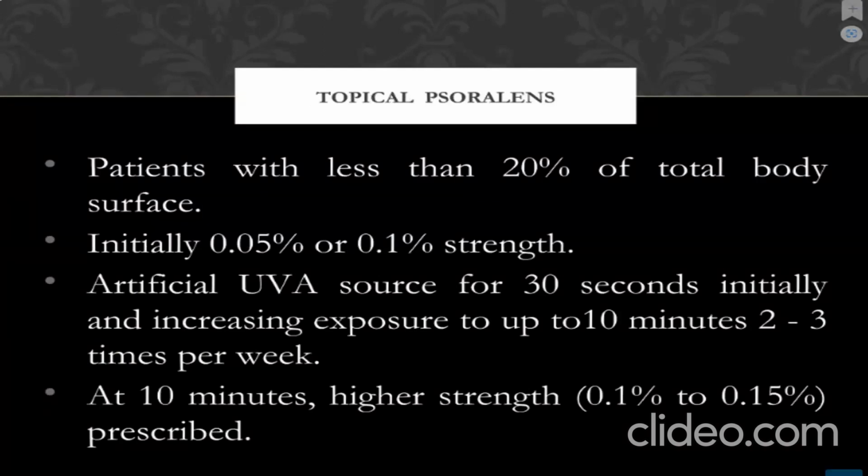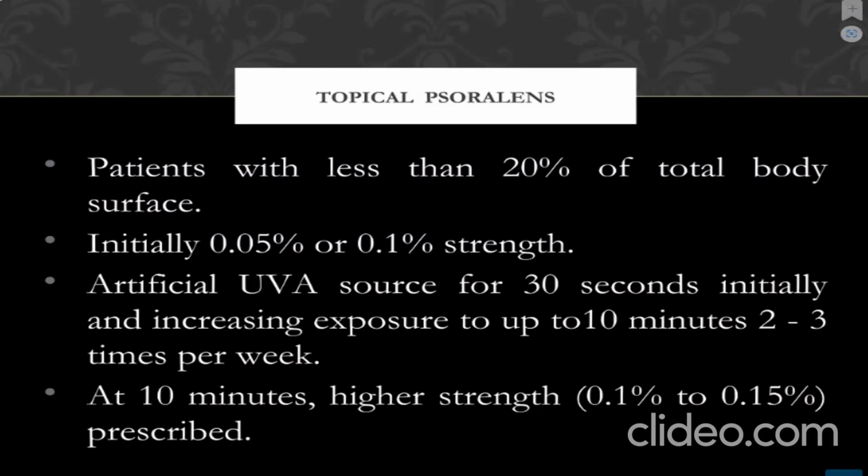Then today we'll start with topical psoralens. Psoralen is applied to patients with less than 20% of total body surface. Initially, 0.05% or 0.1% strength should be used.